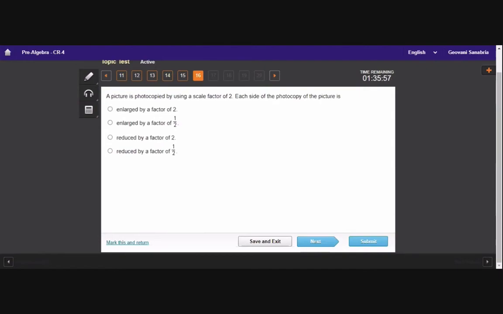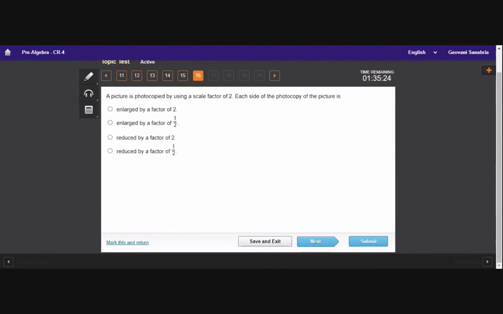The picture is photocopied by using a scale of 2. Each side of the photocopy of the picture is... It'd be A again, right?